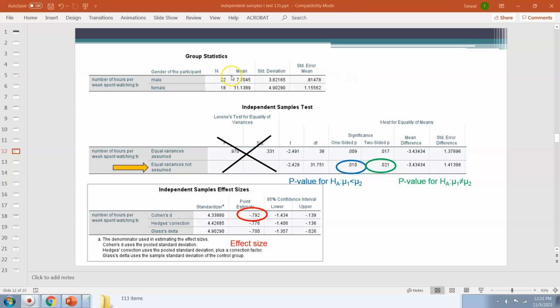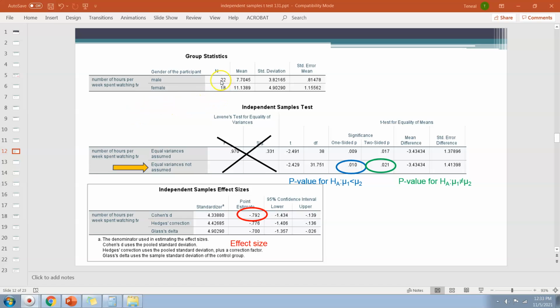From our sample of size 22 males, we get a mean amount of time spent watching TV of 7.7045 hours per week, with a standard deviation of 3.82 hours. And from the sample of 18 females, we get a mean amount of time spent watching TV of 11.1389 hours, with a standard deviation of 4.90 hours.